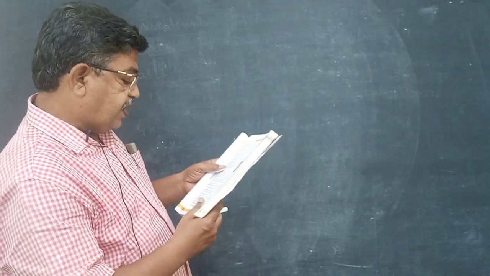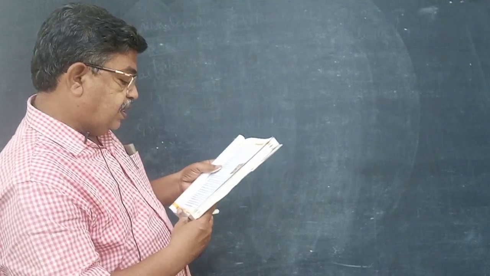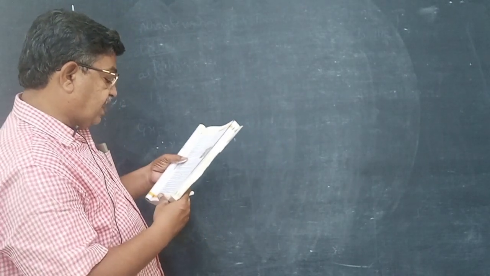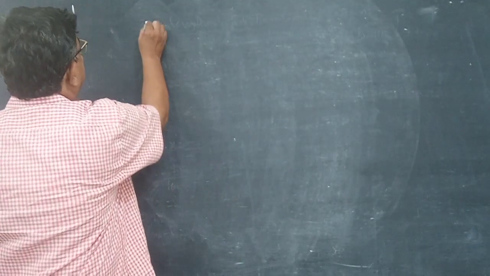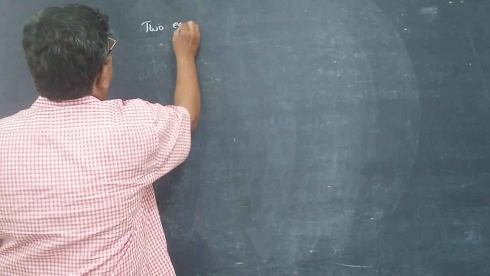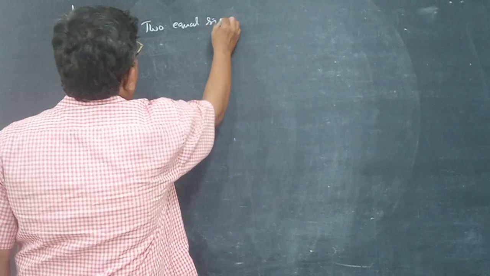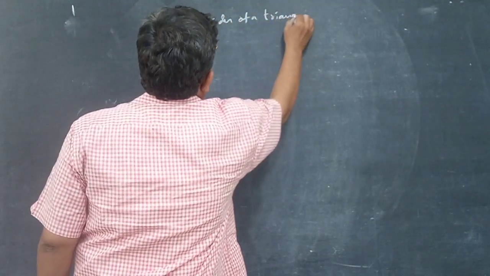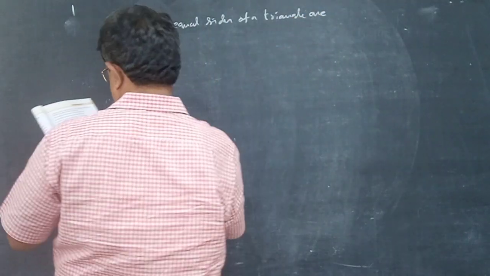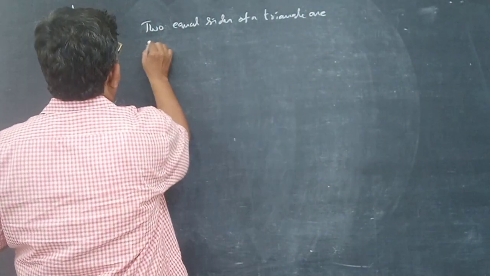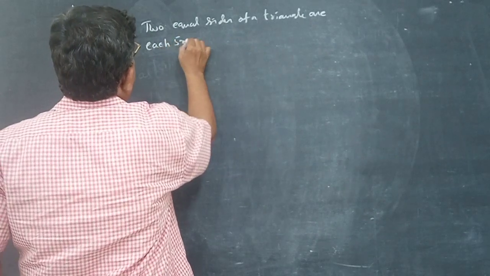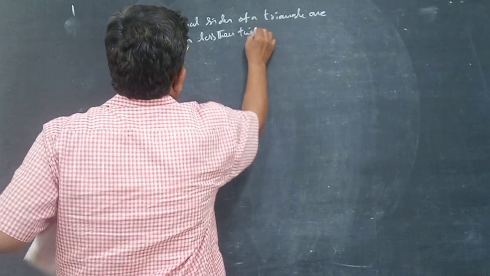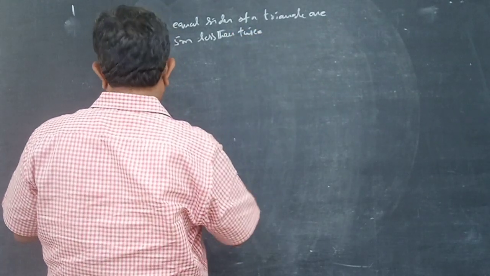Two equal sides of a triangle, each are 5 meters less than twice the third side. If the perimeter of the triangle is 55 meters, find the length of its sides.